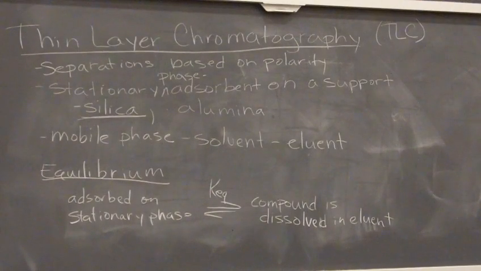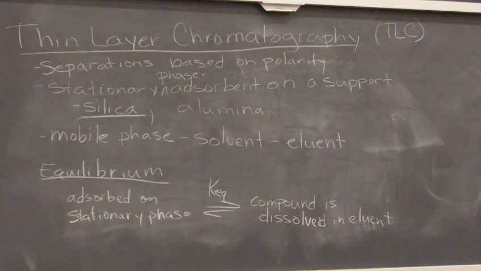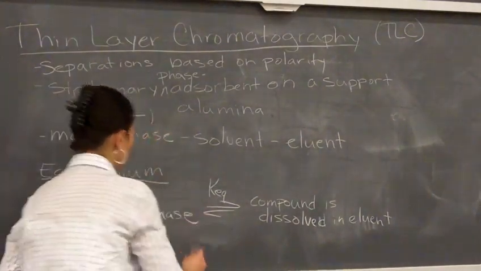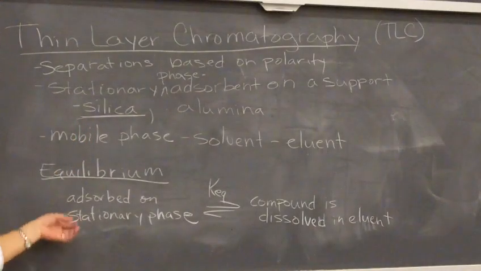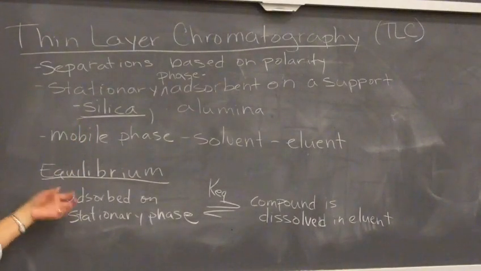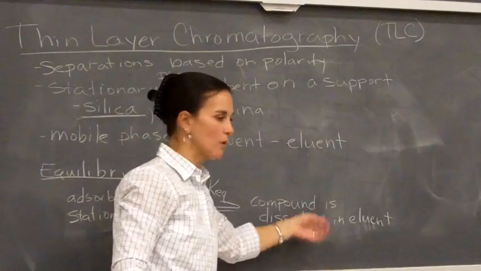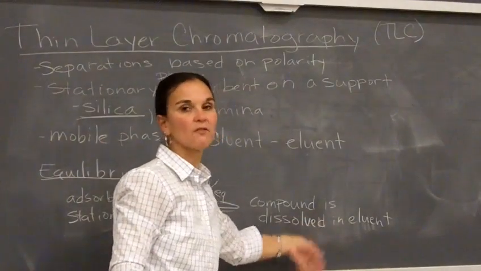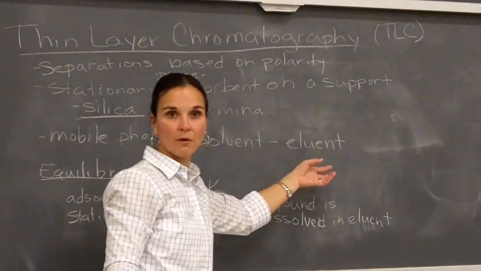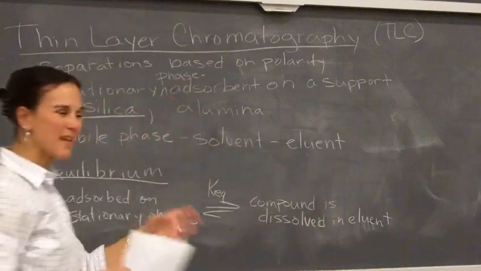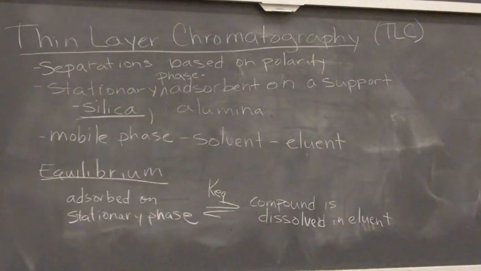Versus things that are more non-polar hang out with the eluent, all right? So if you hang out with the silica, you don't travel very far up the plate. If you hang out with the eluent more, because you're more non-polar, you travel farther up the plate, all right? So that's how you can tell the separation. More polar things won't go as far, less polar things will travel farther.